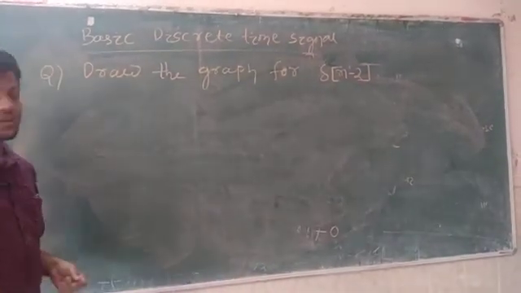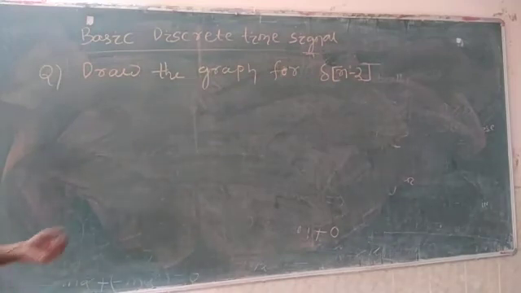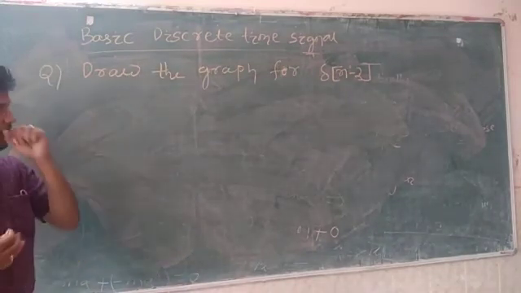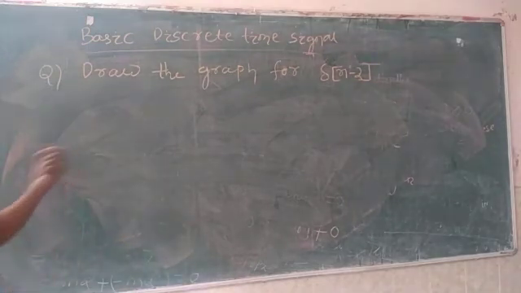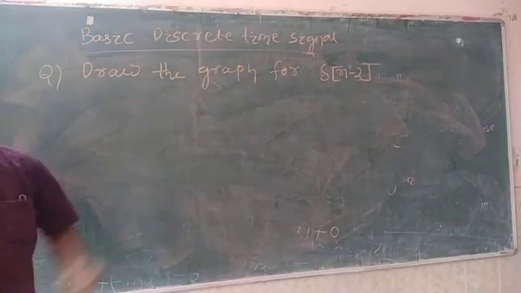So we have to apply in mathematics whatever we have understood till now. So draw the graph for delta of n minus 2.